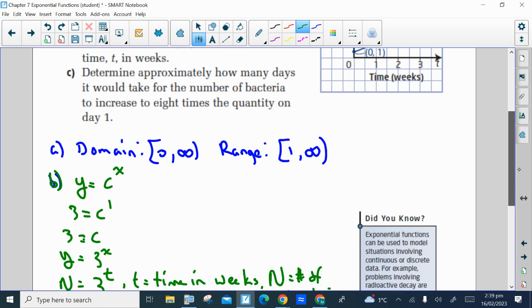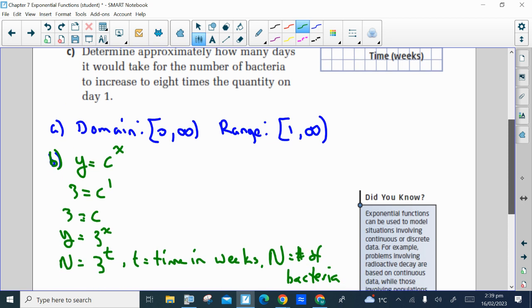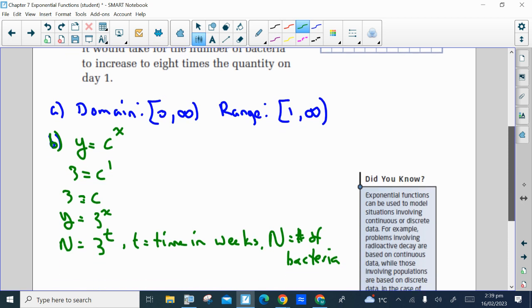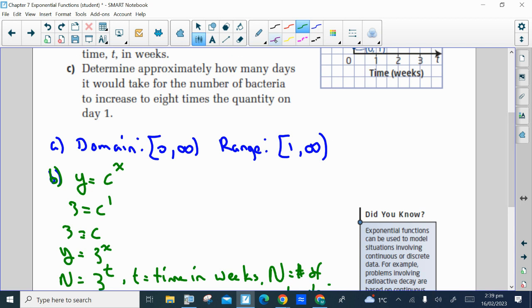Determine approximately how many days it would take for the number of bacteria to increase to 8 times the quantity on day 1. So for part C, we would have to graph y1 equaling 8, and y2 is 3 to the power x. And it doesn't matter which one is y1, which one is y2.